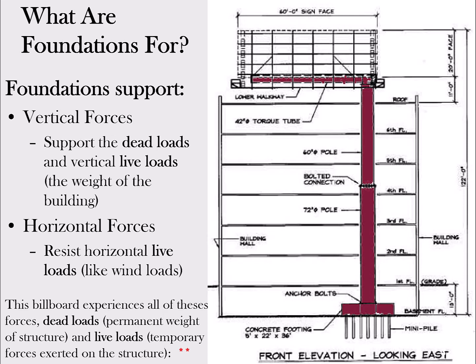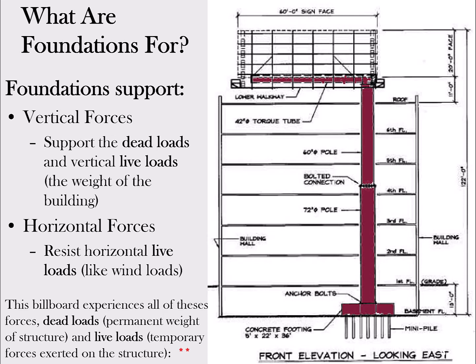So a live load can be a bunch of snow up there on top of that thing. That adds weight. Or wind that's blowing on that thing. So live loads are temporary loads that are exerted on the structure. In your house, you have furniture, and that's considered a live load, even though it seems kind of inanimate. It has nothing to do with animation.